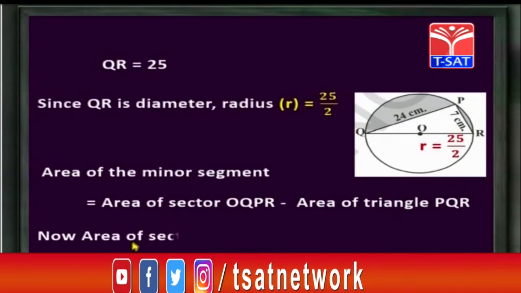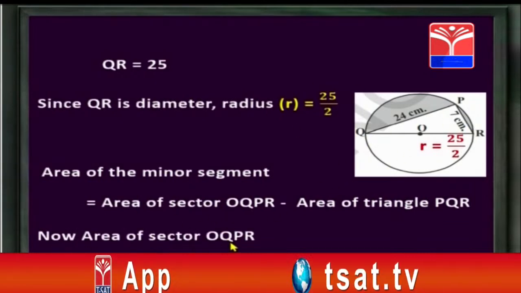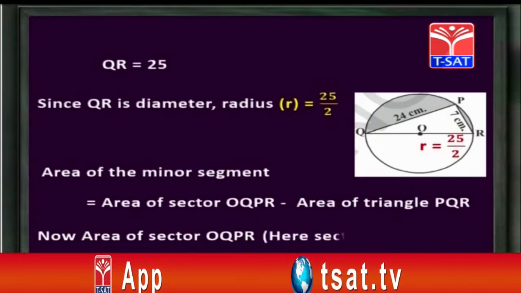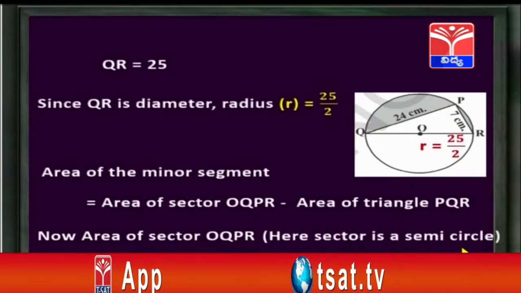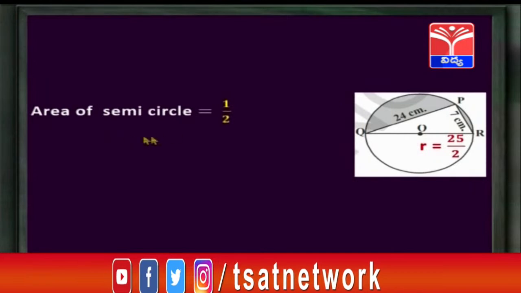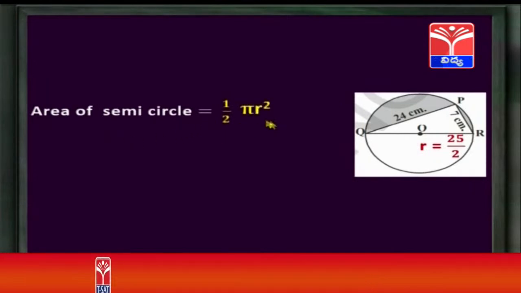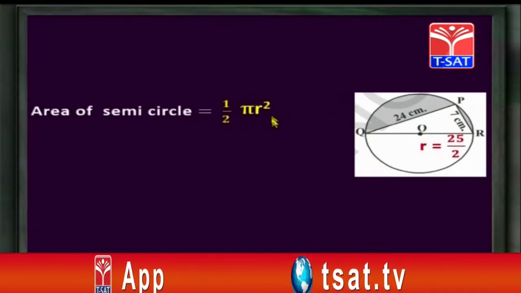So here the sector is a semicircle. Now let us find area of the sector and area of the triangle. Area of semicircle is equal to half into pi r square. Area of circle formula is pi r square.